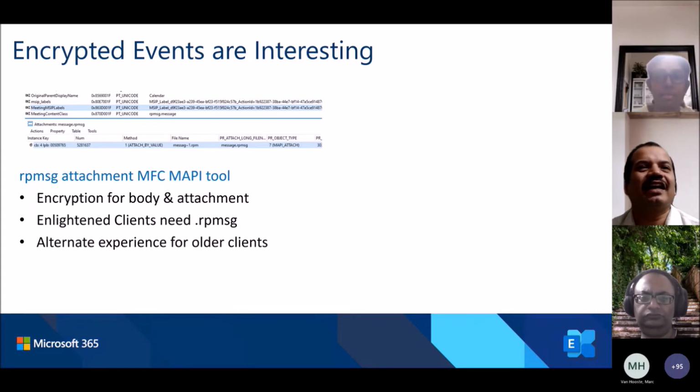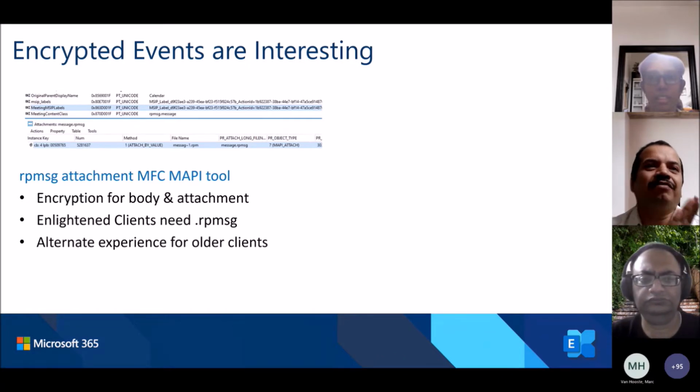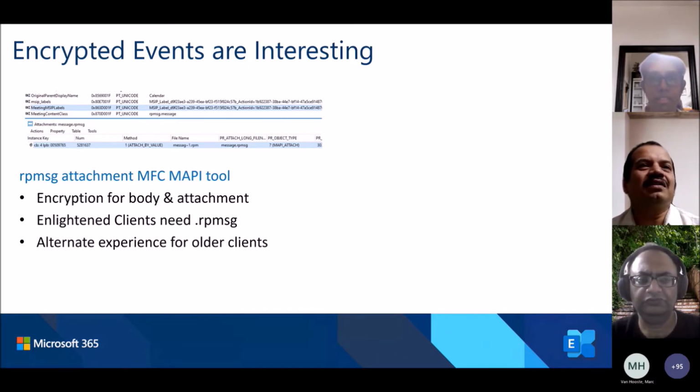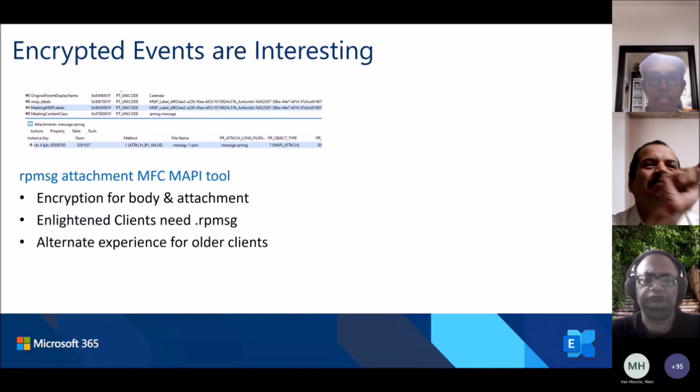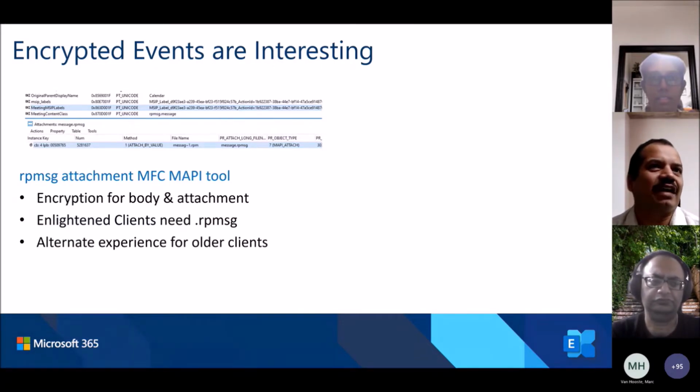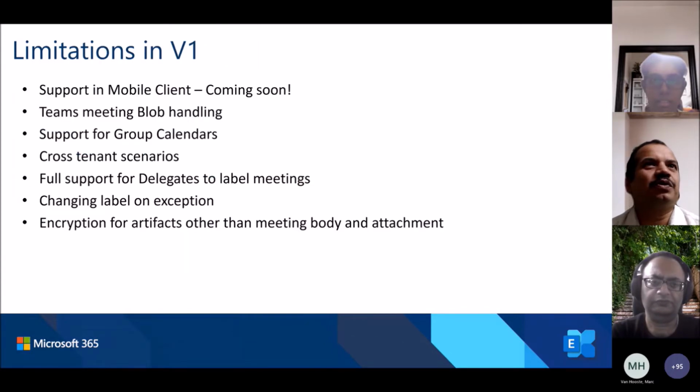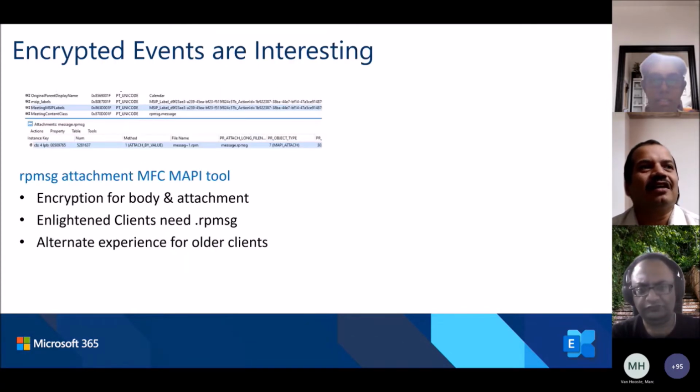It will seem identical to the earlier workflow, except a tag saying this message is confidential or some such will be seen. However, if it is opened in a client which does not understand RPMSG, the experience that Harini showed will happen. Hope this gives you a little bit of an under-the-hood view of how it works.